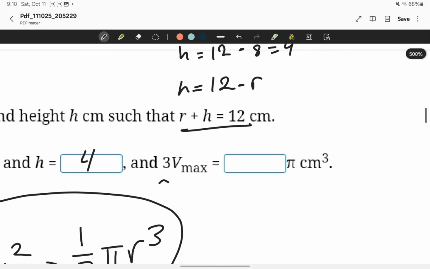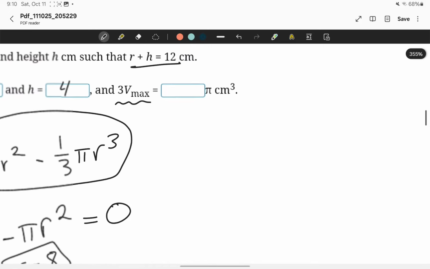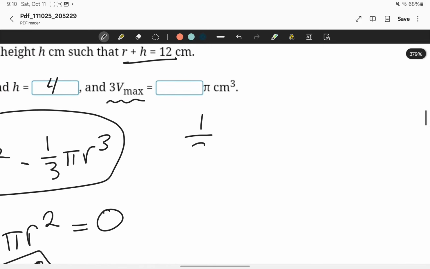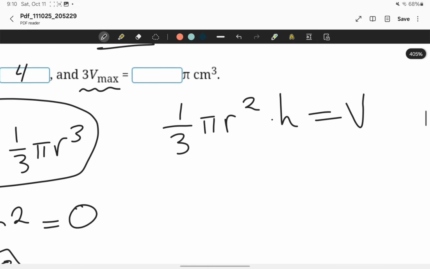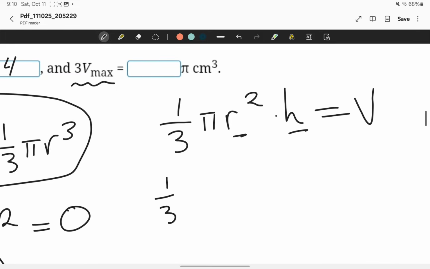And now they want 3 times the volume. We come back. The formula for the volume was 1 over 3 pi r squared times height. So now that we have the radius and the height, let's just substitute. So it's 1 over 3 pi, the radius is 8 squared times our height was 4.